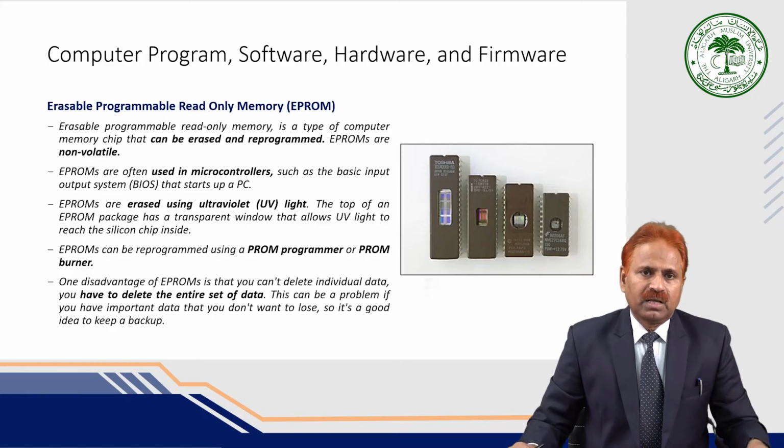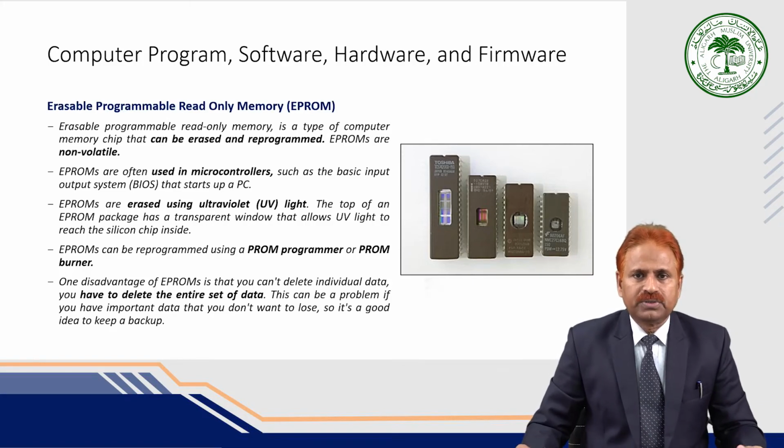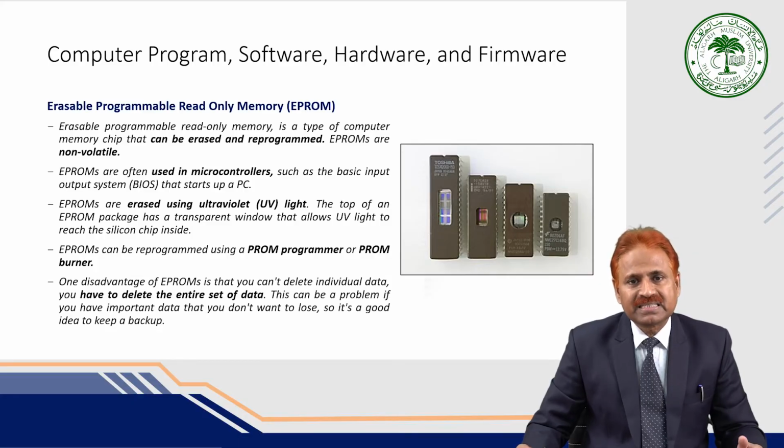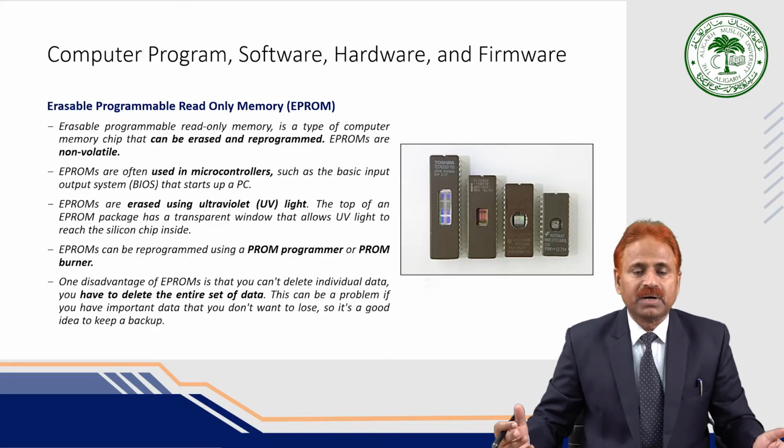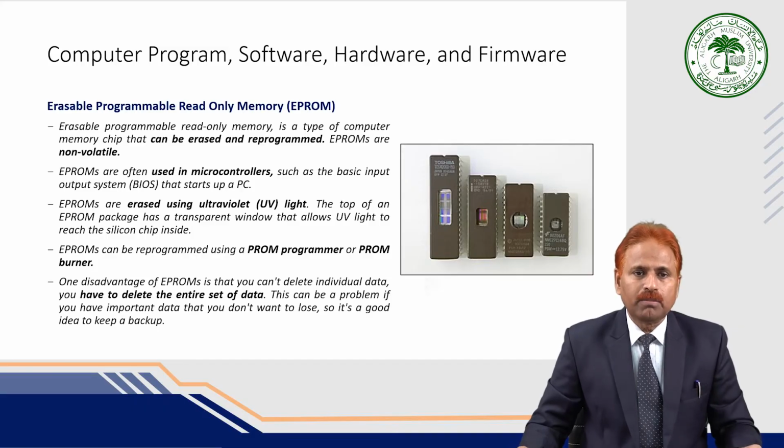EPROM is a type of computer memory chip that can be erased and reprogrammed. EPROMs are non-volatile. EPROMs are often used in microcontrollers such as the basic input-output system, known as BIOS, that starts up a PC. EPROMs are erased using ultraviolet light.